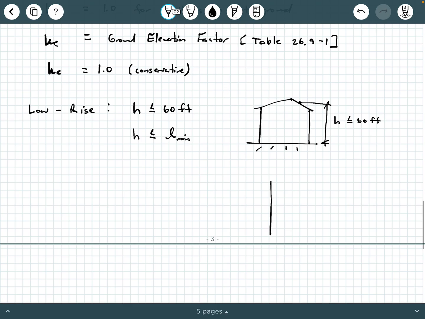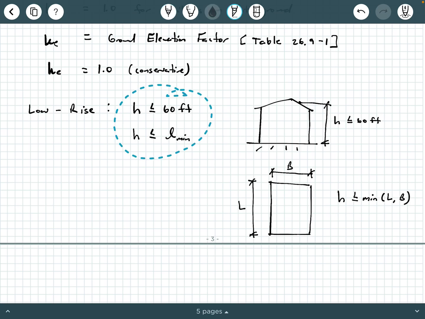If I look at a plan view and I call this dimension L and this dimension B, a low-rise building is also one in which h is less than or equal to the minimum of L and B. If you satisfy both of these criteria, your building is what is called low-rise. And once you start going into these very specific methods, chapters 27, 28, 29, 30, there are a lot of definitions that say, if you have a low-rise building, do this.